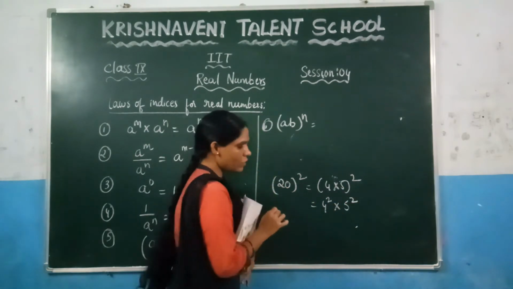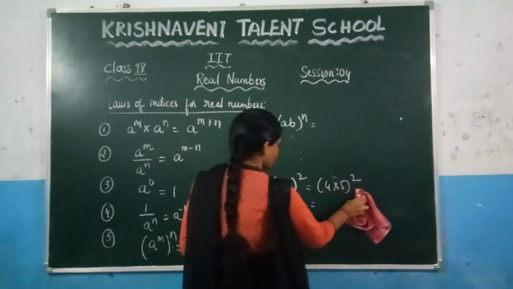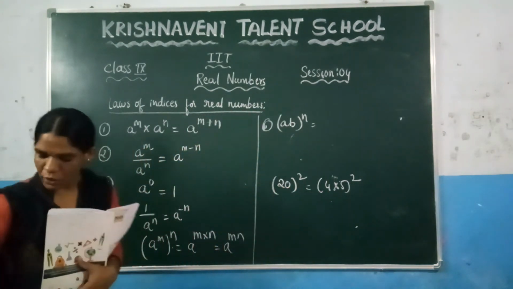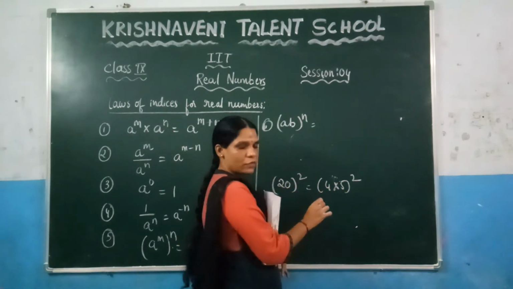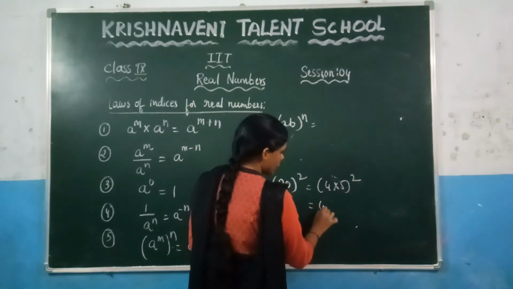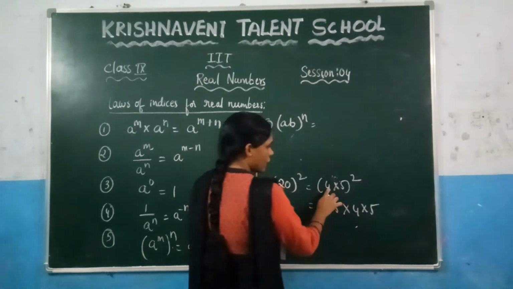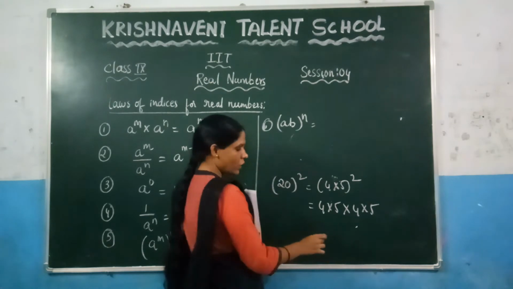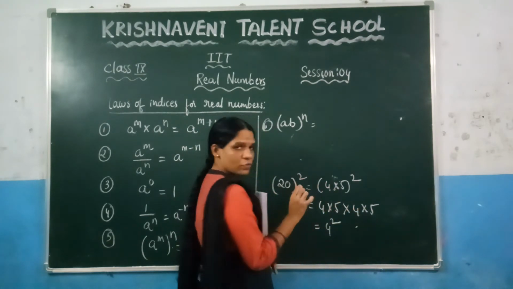So why have we written like this here? Check it now. Because here 4 into 5, how many times you need to write 4 into 5? 2 times you need to write. Write it here 4 into 5 into 4 into 5. Just we have written 4 into 5 two times. So how many times have we written 4? 2 times. You can write this one as 4^2.